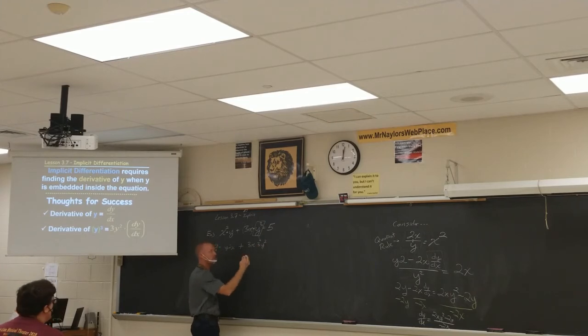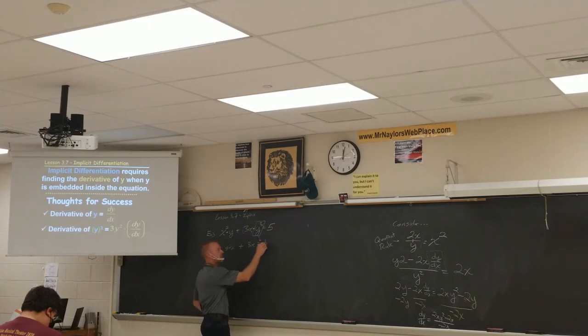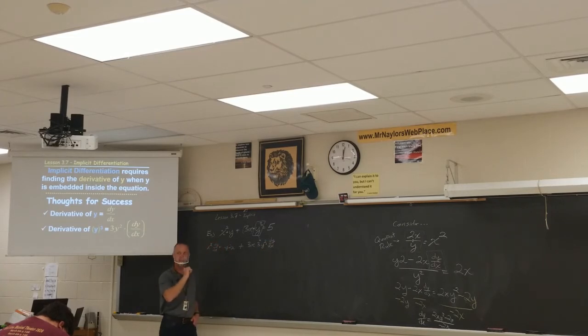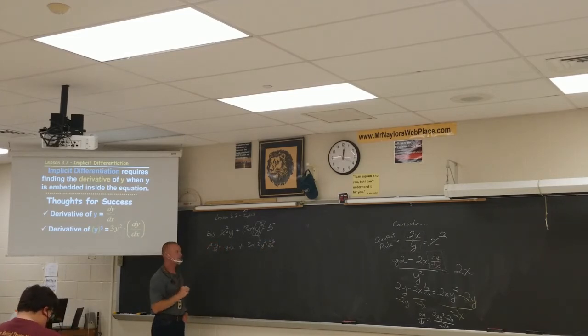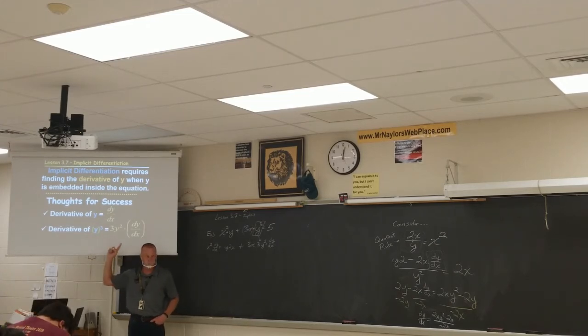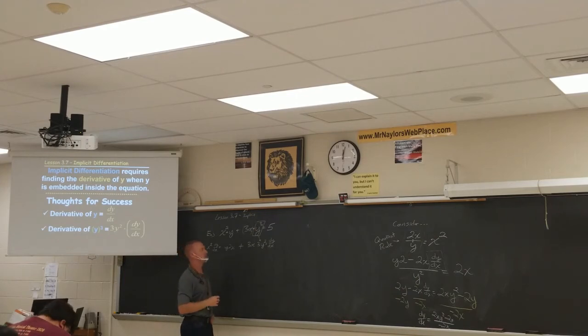That's a 3y squared, and then you do the derivative of the inside, the derivative of y. What happens is you get a dy dx tacked on to your derivative, because of the chain rule. We're doing the chain rule on a y cubed.